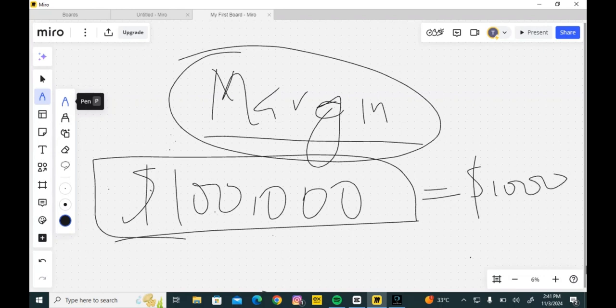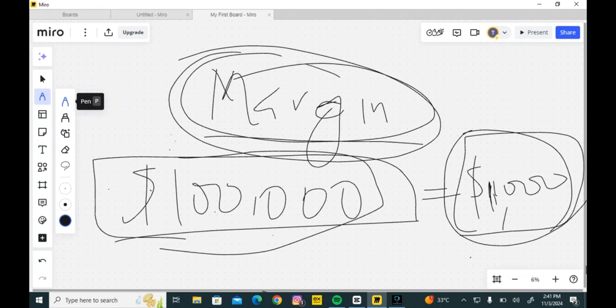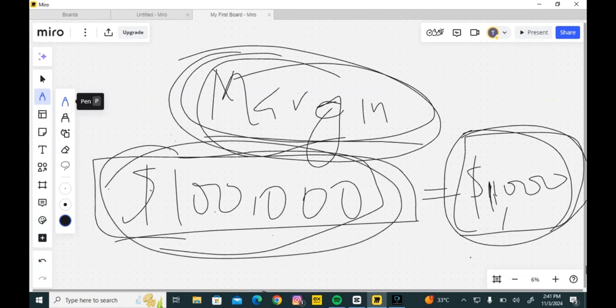So your broker requires you to deposit $1,000 for you to be able to control this kind of money. This $1,000 you are depositing is the percent which your broker requires, which is the margin. That's the margin required for you to deposit to be able to control this kind of amount.